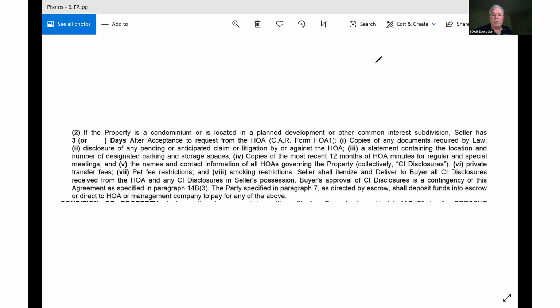Okay, the party specified in paragraph number 7, as directed by escrow, shall deposit funds into escrow or direct to the HOA or management company to pay for any of the above. And again, 7 is going to be what? 7D, who's got to bring in the money to pay for this stuff. We've made it by contract that the seller is going to do certain things, and then there's other parts that say that other people can pay for it, but it still has to happen.